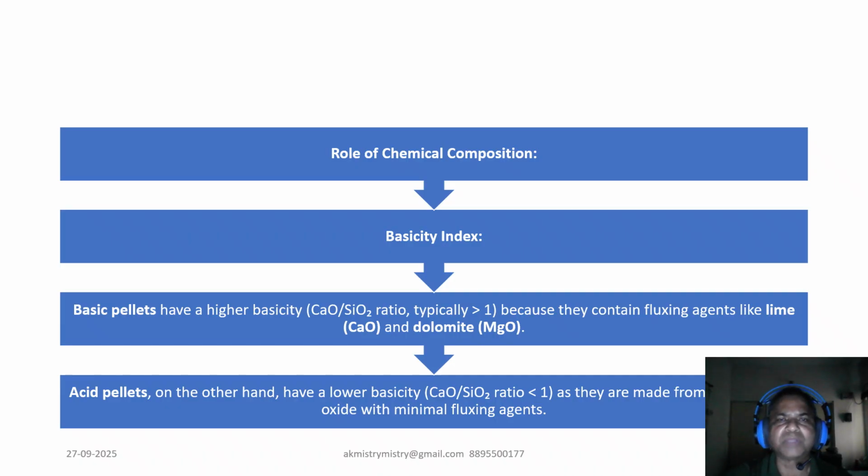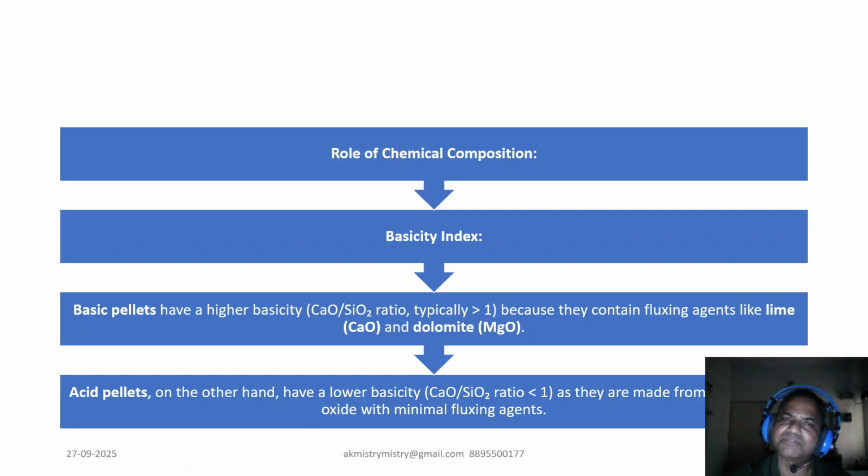Now, let us talk about the chemistry component of reducibility. The calcium ferrite in the basic pellet promotes better reduction kinetics. They are more reactive to reducing gases like CO and H2. So our reduction gets faster if we consider the same volume of the gases.